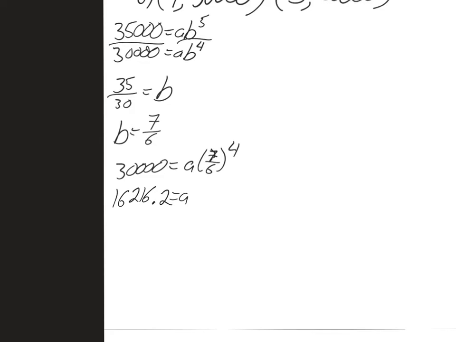What I did was take 7/6 to the 4th power, and then divide 30,000 by that number. So my final equation is going to be y equals 16,216.2 times 7/6 to the x.